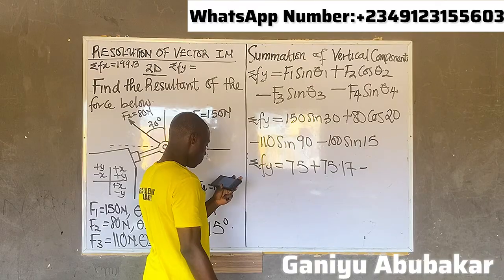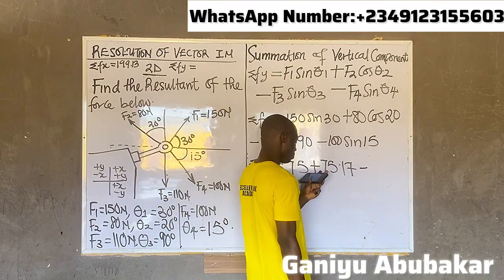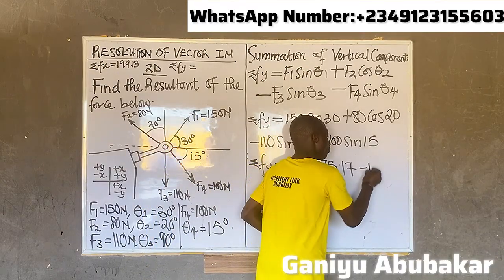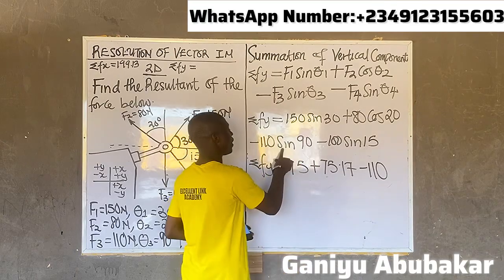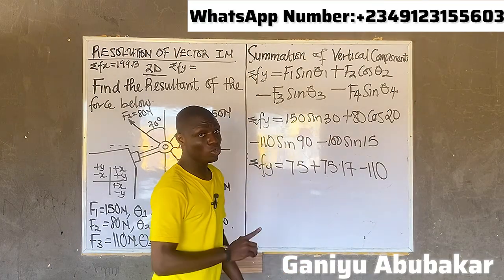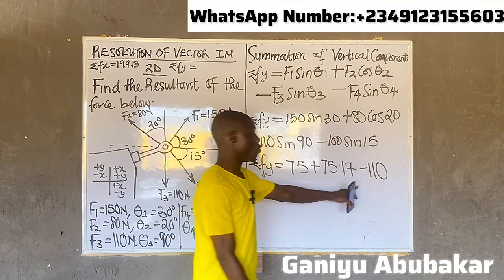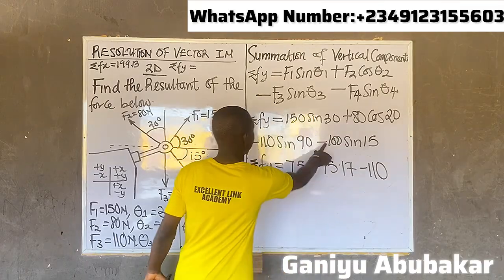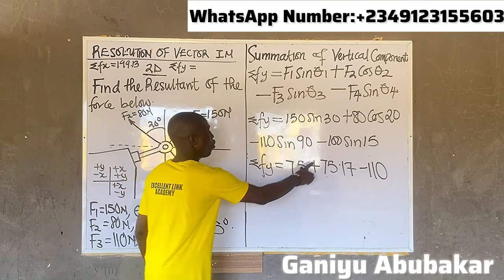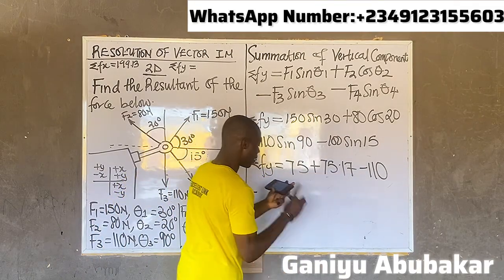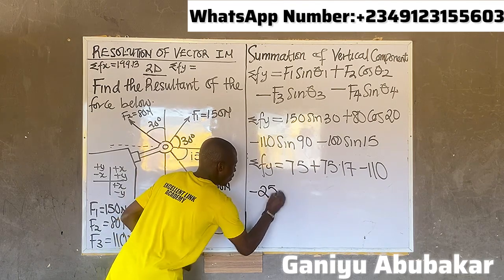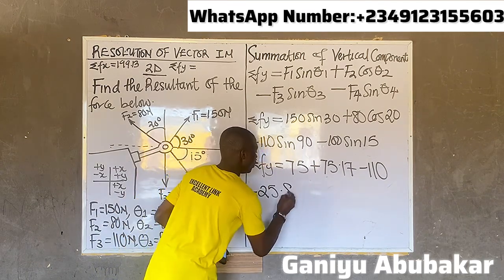110 sine 90 is 1. 1 times 110 gives you 110 back. Then I have negative 100 sine 15. This man gives you 25.88.